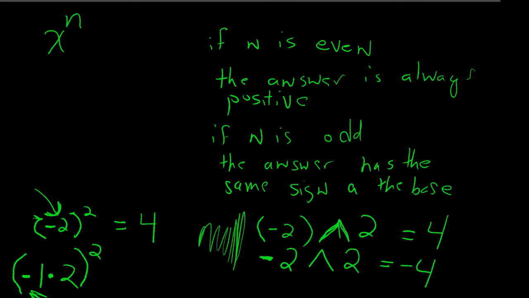Just type in those two differences, the parentheses -2, caret 2, and see what answer you get. And then -2 with no parentheses, caret 2, and see what you get. Because those differences are important and we have to pay attention to them, and they relate to our order of operations. Definitely going to get my chat window on a different screen.